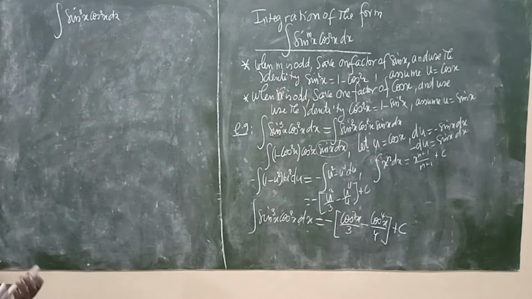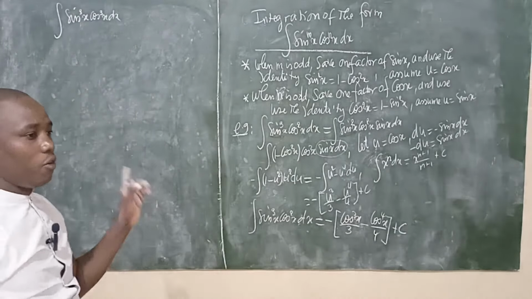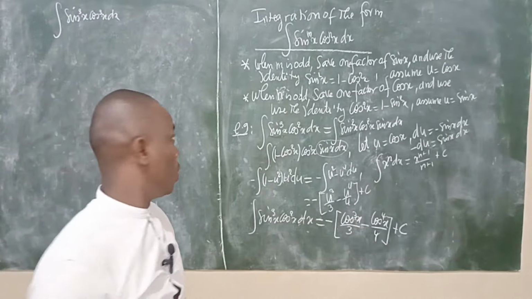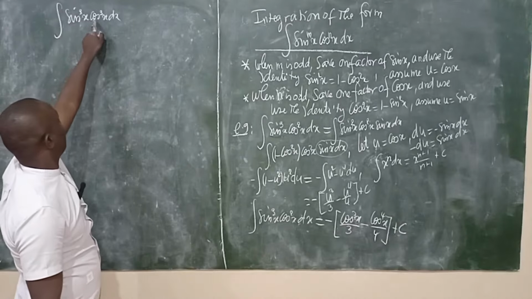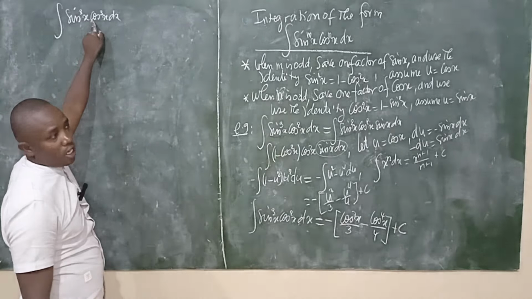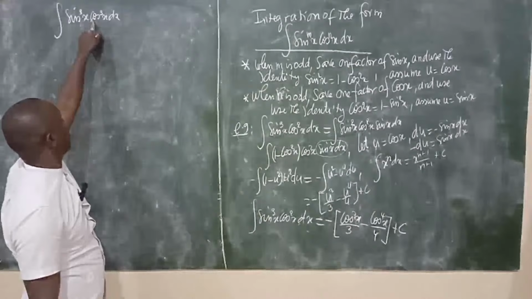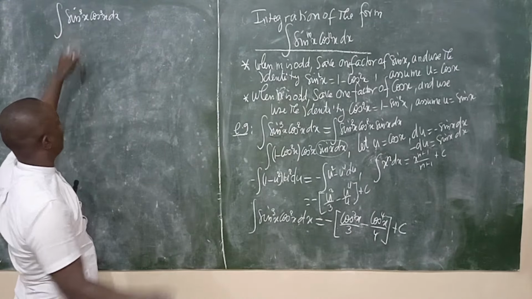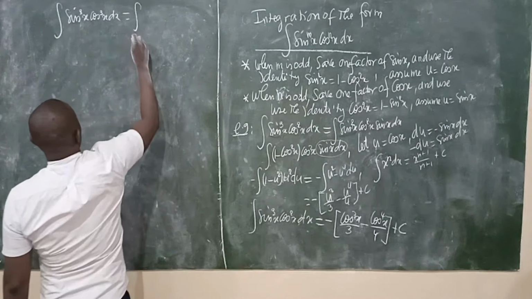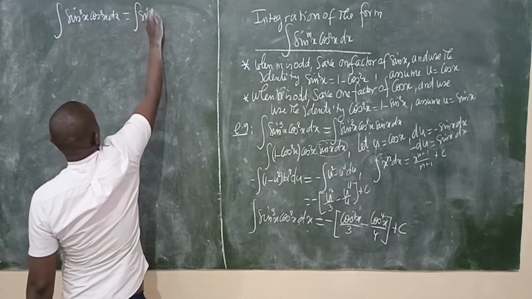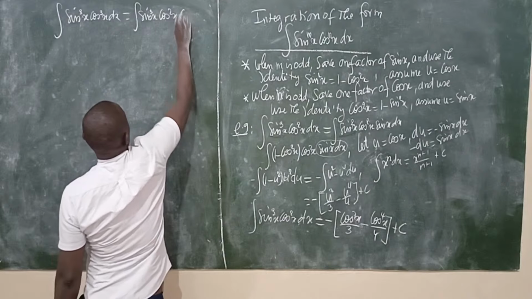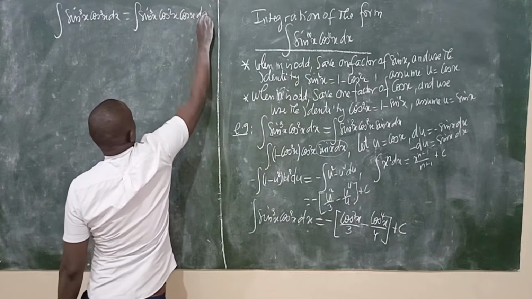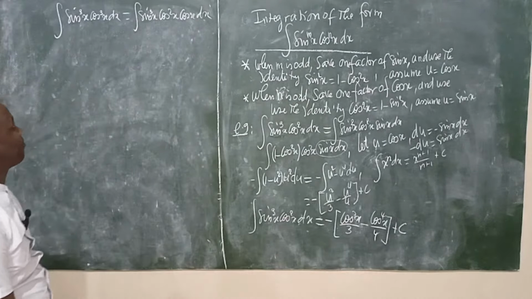You see, both m and n are odd. That's why I can use this to save a factor of cosine, or use this to save a factor of sine. This can be the integral of sine^3 x times cosine^2 x times cosine x dx. This works.